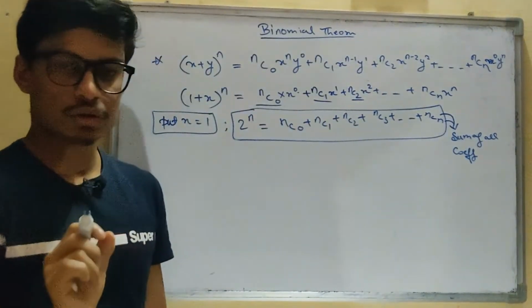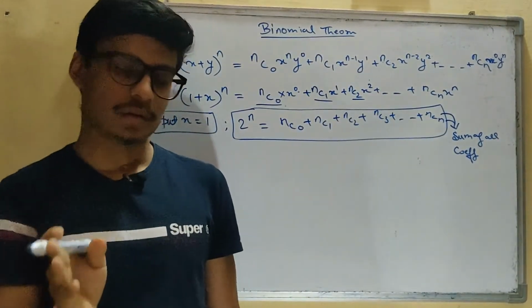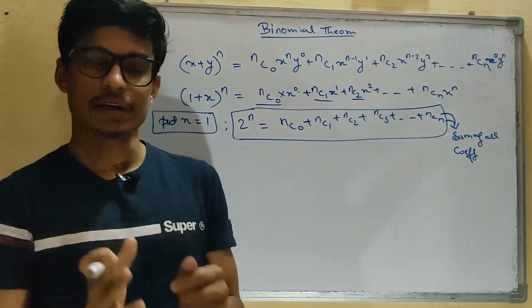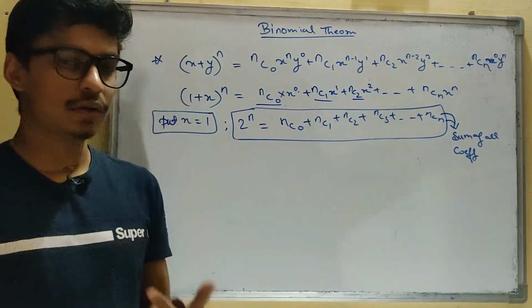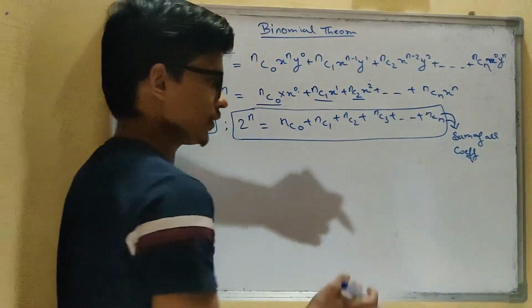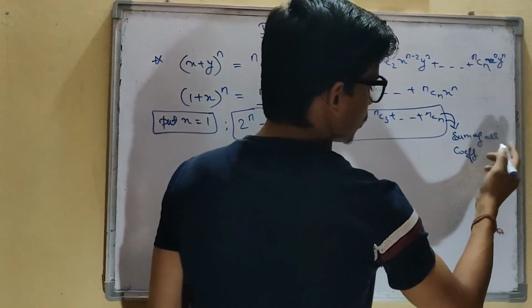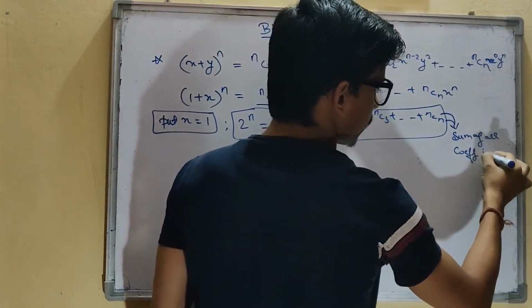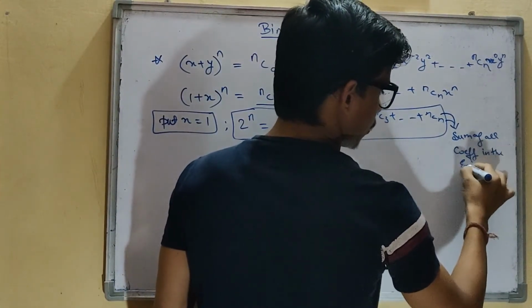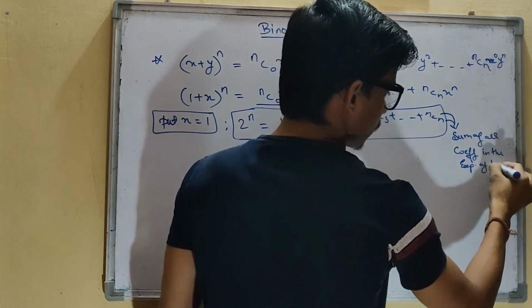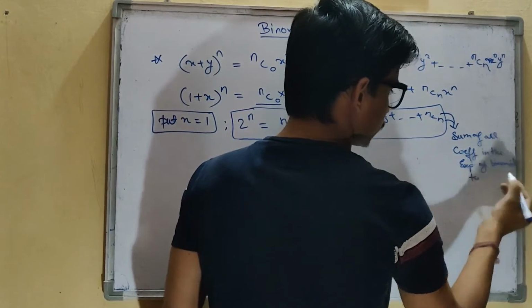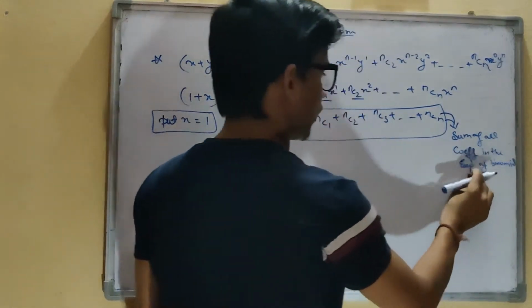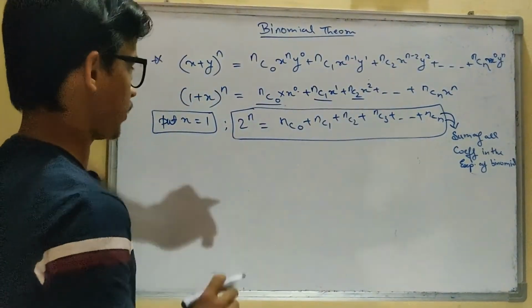Coefficient is used for the variables. The multiplicative term of a variable is known as the coefficient. So whenever coefficient comes, think of it this way: sum of all coefficients in the expansion of the binomial. Keep it in your mind.